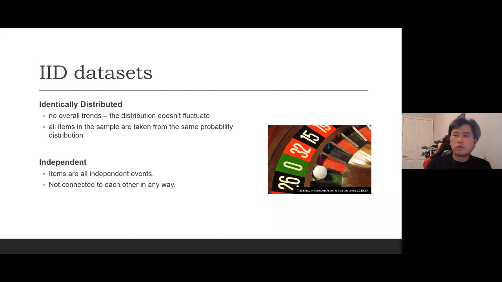And another one is independent events that are not connected to each other, meaning when you throw the ball in this roulette, when you try to measure again, you pick up the ball and you throw it again, right?